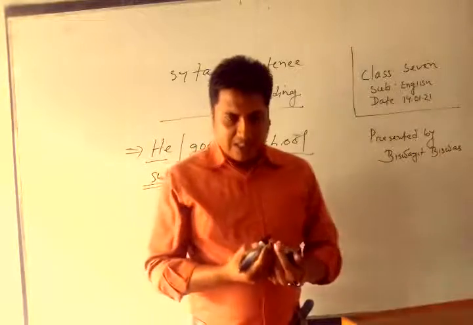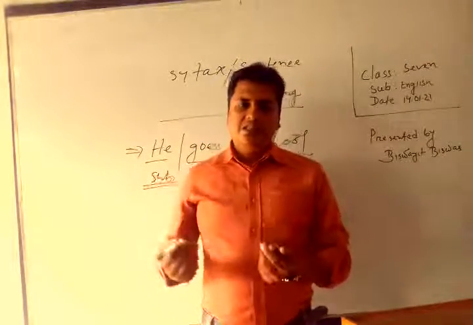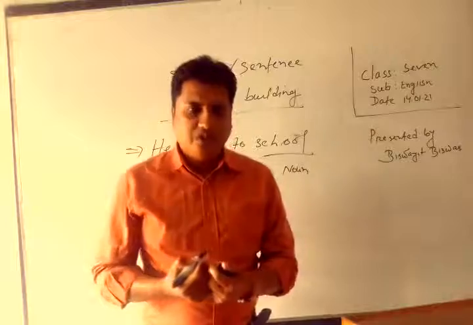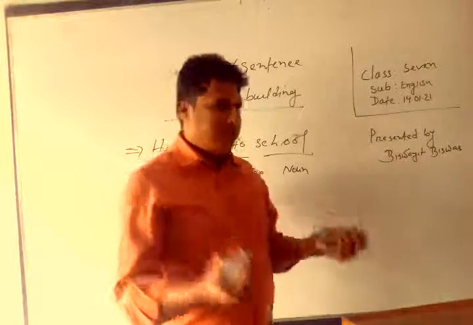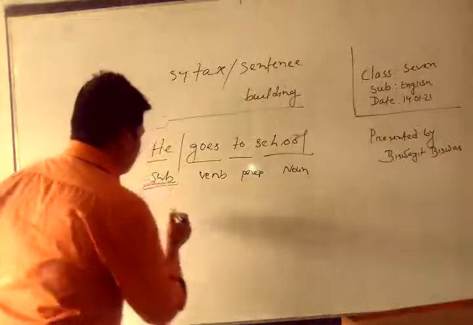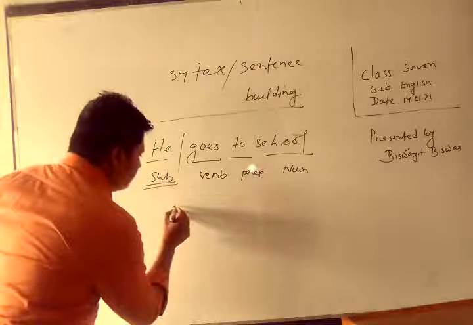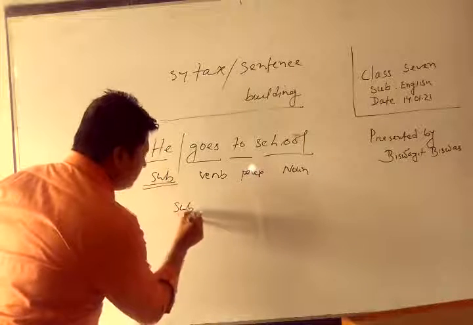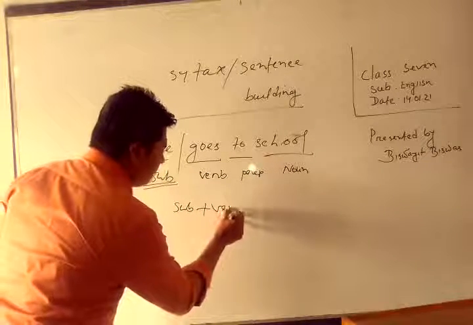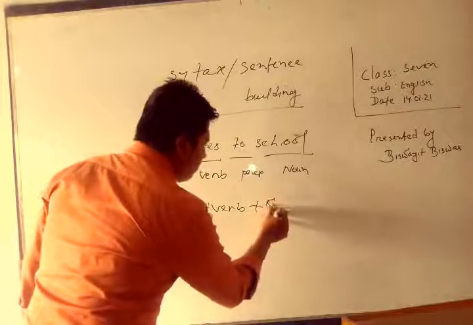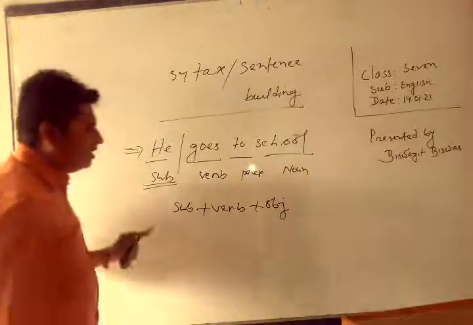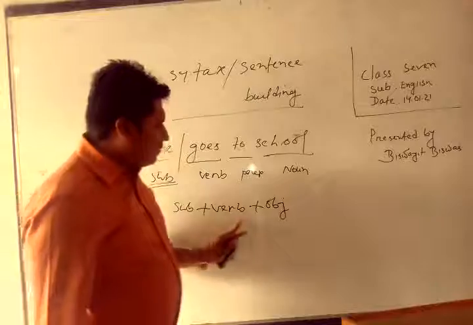A subject is often placed before verb, and the sentence pattern is simply: subject plus verb plus object. Clear? Subject plus verb plus object.